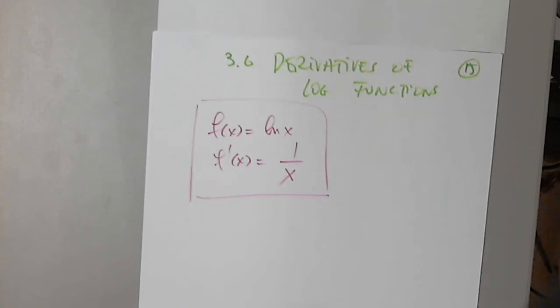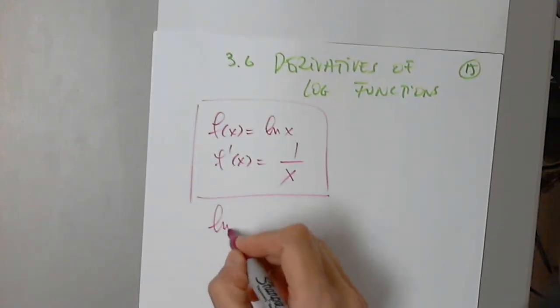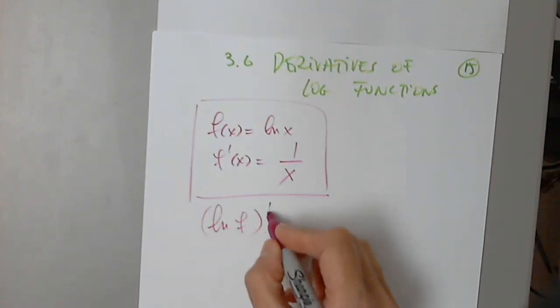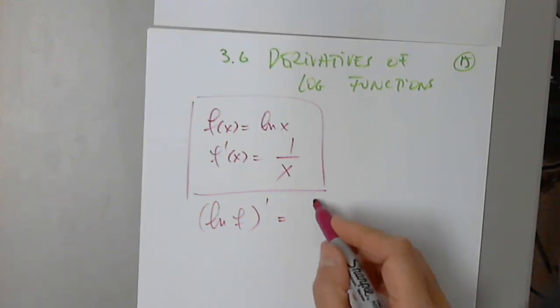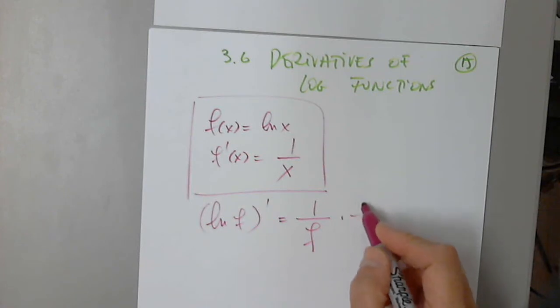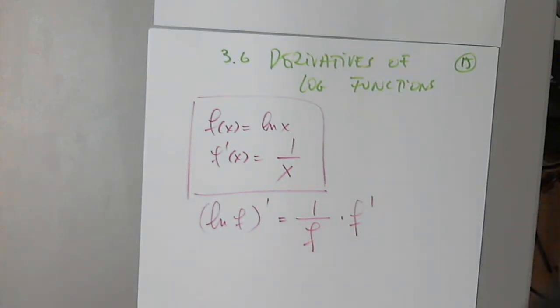What if I have a function that is natural log of a function? How do I differentiate this? It's 1 over the function times, of course, the function prime.